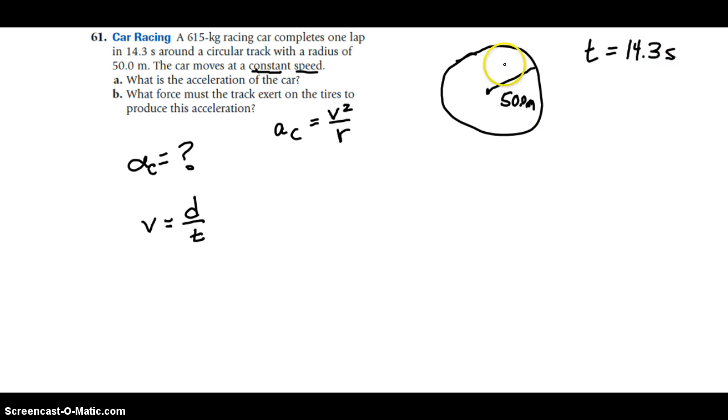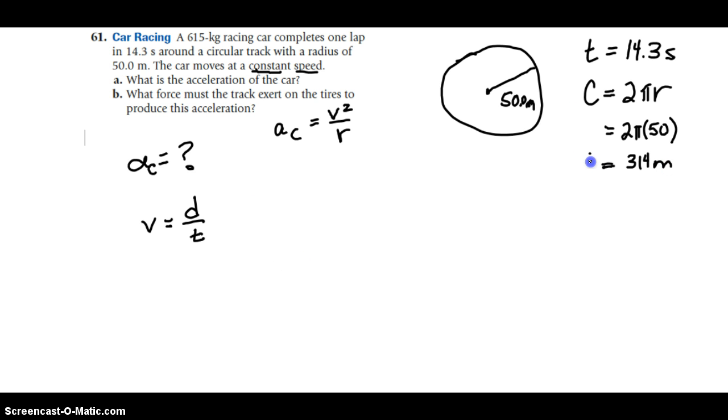So one lap, remember the circumference of a circle is 2 pi r. So therefore the circumference of this circle is going to be 2 pi times 50, which will be 314 meters.